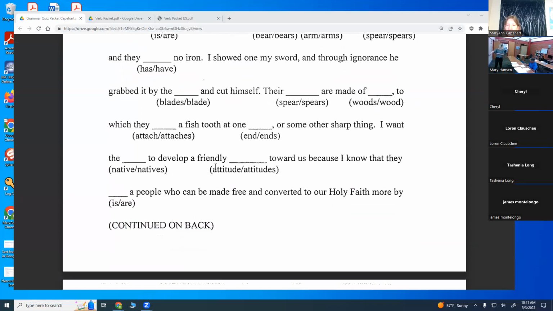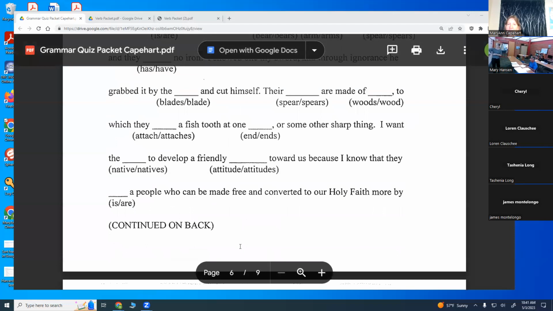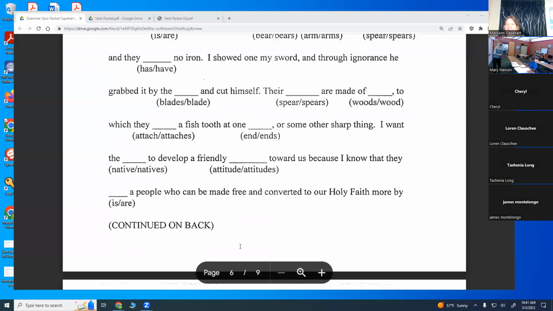I want the natives to develop a friendly attitude toward us, because I know they are a people who can be made free and converted to our holy faith.